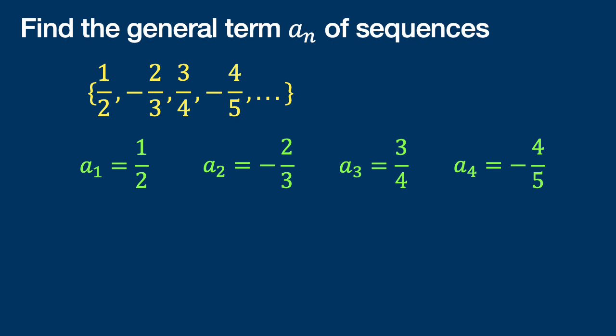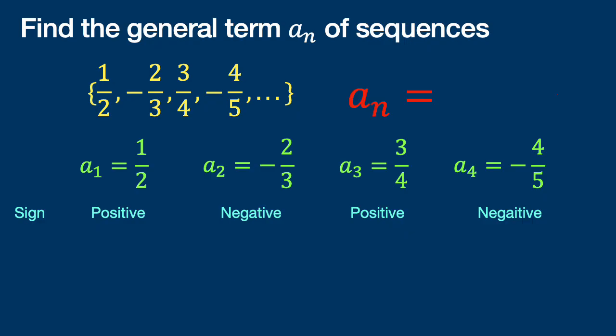Compared to the previous example, the sign is alternating. Can you see that? The sign is positive, negative, positive, negative. In that case, we have to find the sign term. So AN equals, here on top, you put the sign term.